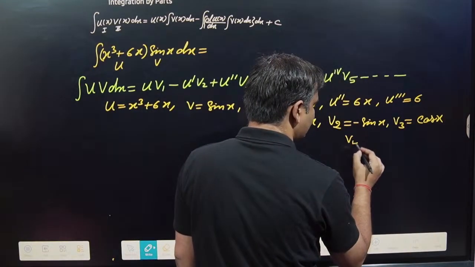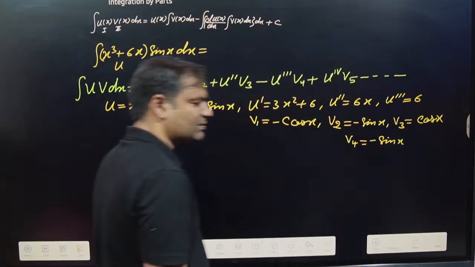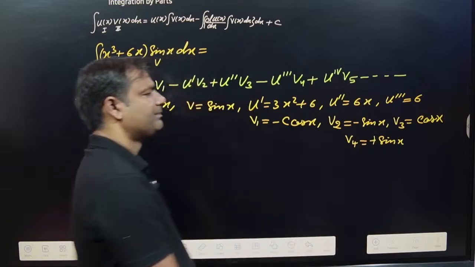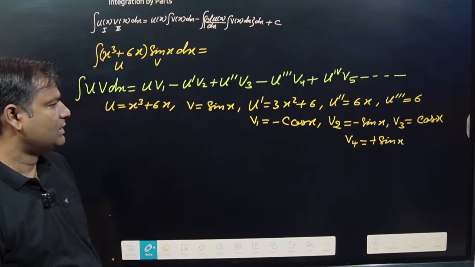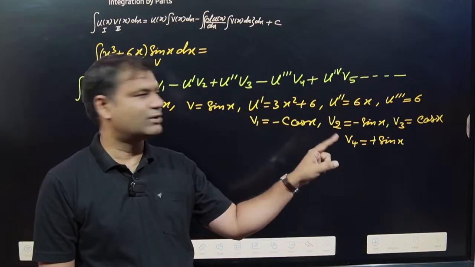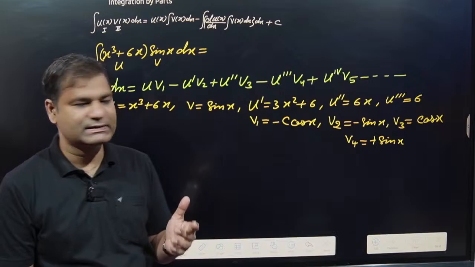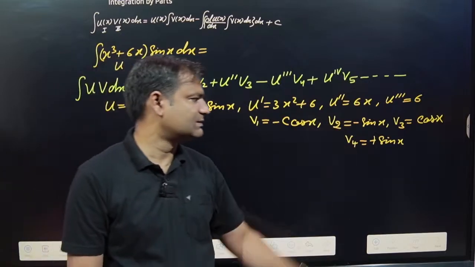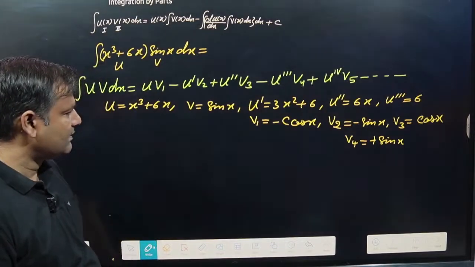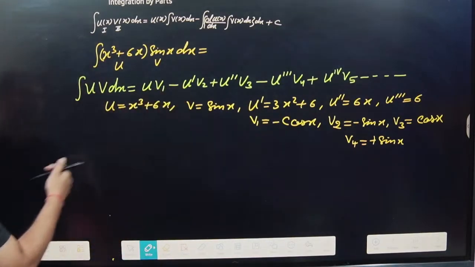And v4 is integration of cos x, which is sin x. Clear? Integration of sin is minus cos. Integration of minus cos is minus sin. Integration of minus sin is plus cos x, because of minus minus plus. Integration of cos is sin x. Now put that value here.